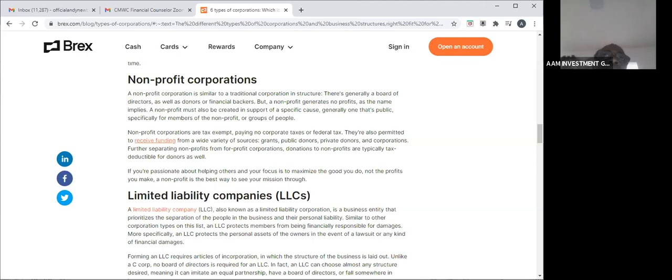The statement really should read, a nonprofit cannot make a profit that is distributed to its members as profit. I could give you $1 million from the nonprofit, but it's not profit.